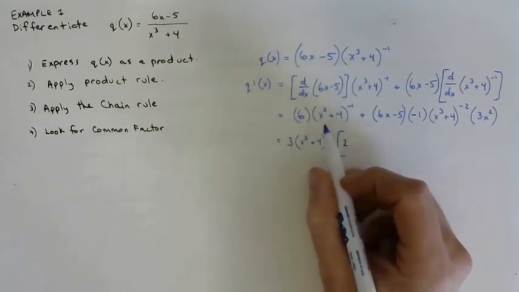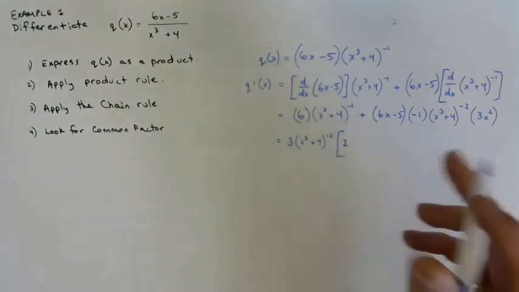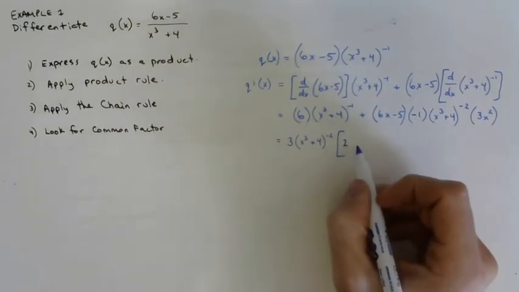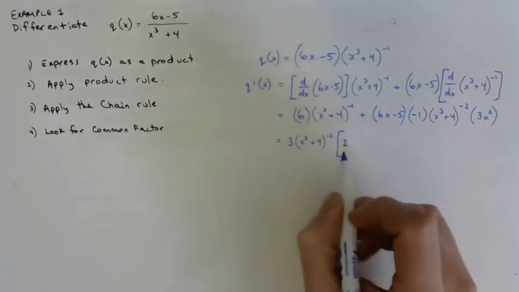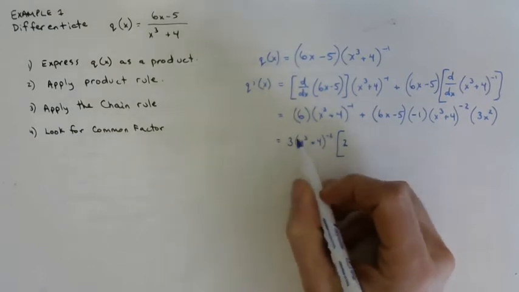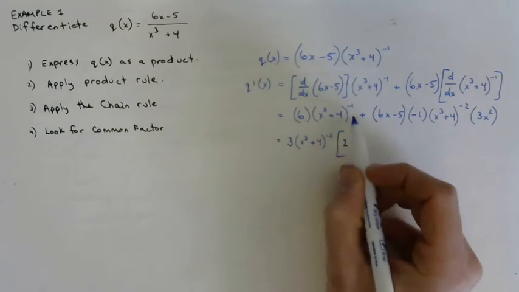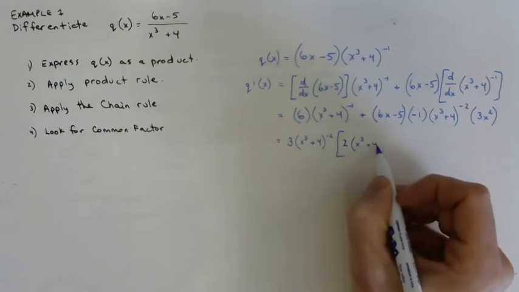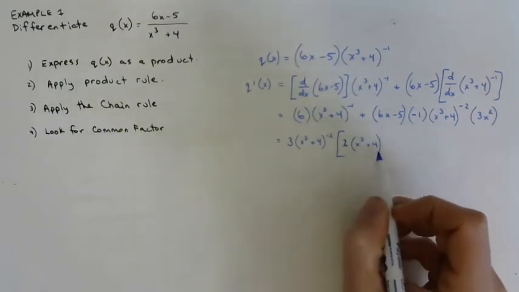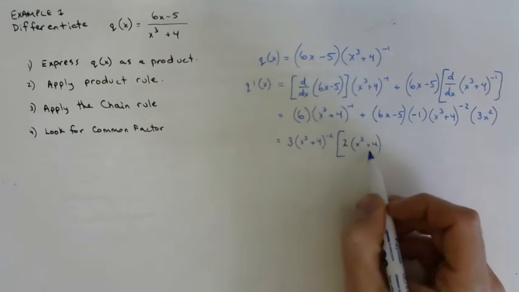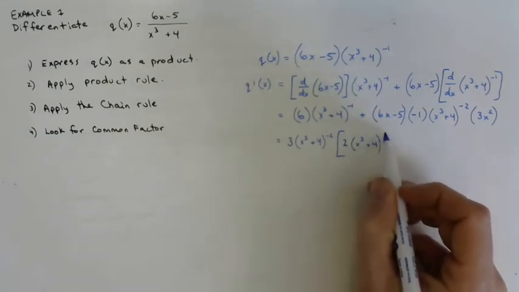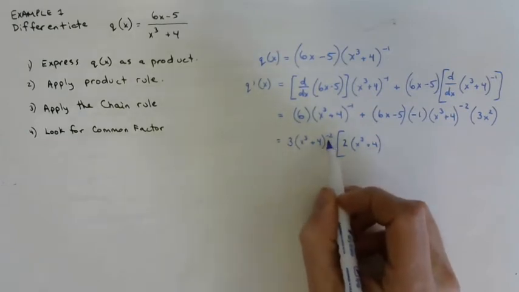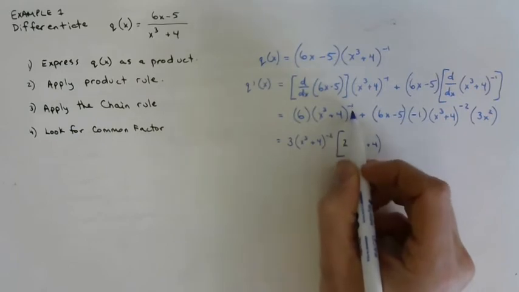A good way to think about this is, what do I need to multiply against this piece right here in order to get back to this piece right here? If we're thinking about our rules of exponents, then it turns out that one factor, x cubed plus 4 to the exponent positive 1, times the same to the exponent of negative 2, ends up getting us this factor to the negative 1, if that makes sense.